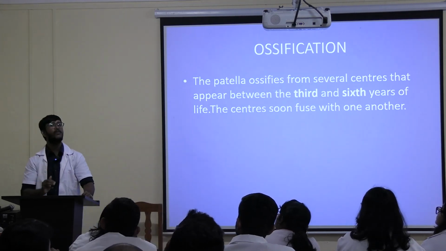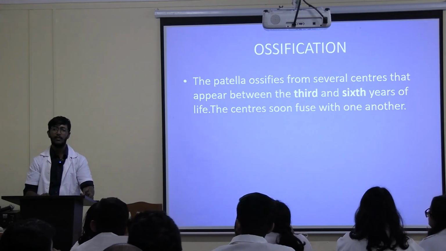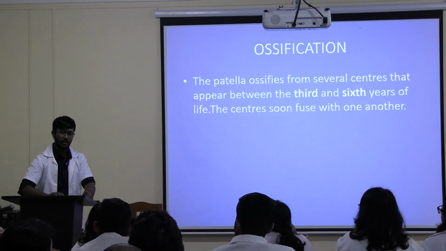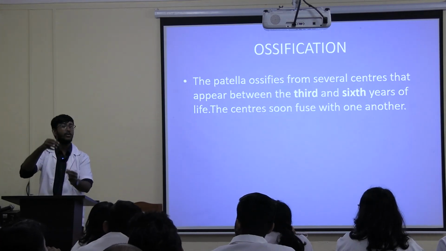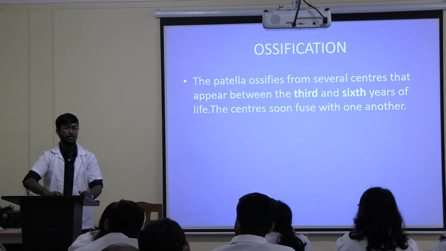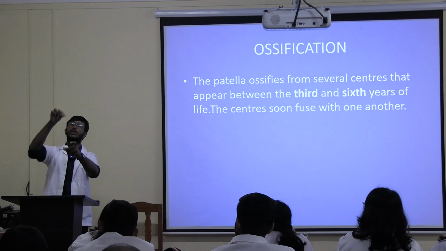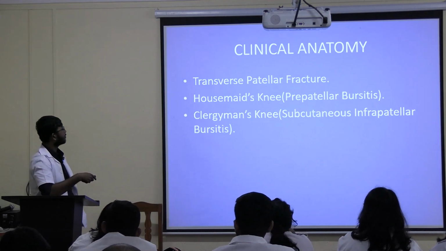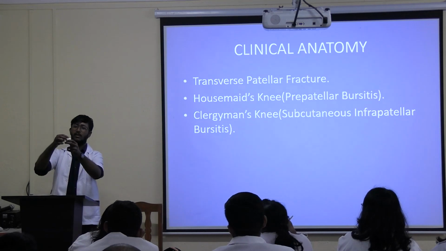If there is a real fracture of patella, what will happen? There will be a transverse fracture of the patella. The quadriceps femoris is a very strong muscle. It will pull the upper part, so the upper part of the patella will be pulled out. So in a transverse patellar fracture, the fracture occurs in this way.